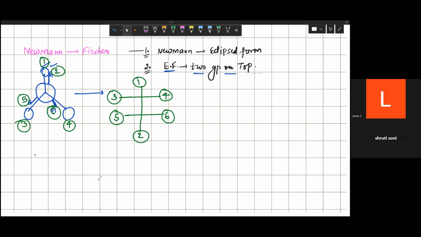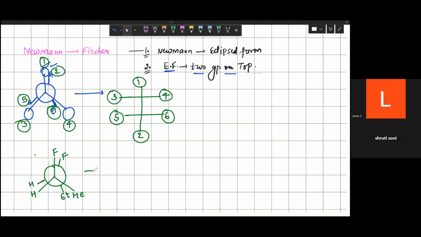Let's suppose I'm giving you an example, and let's convert that example into Fischer form. Chlorine, hydrogen, methyl group, and chlorine, hydrogen, and ethyl group.